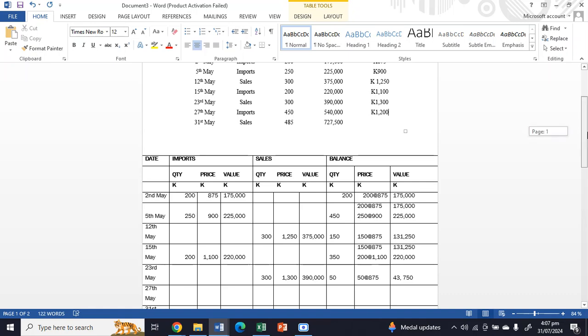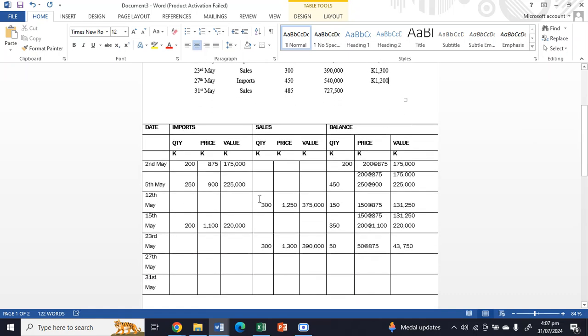So you come to the information here, 27th May, imports, 450 goods, each at 1,200. You paid a total of 540,000. So initially we had 50 goods, we brought in 450 goods.